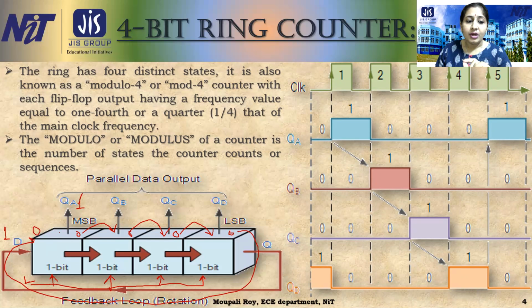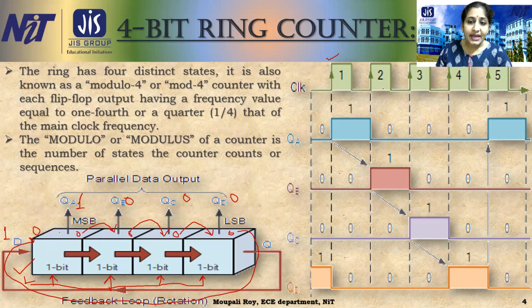So when the next clock pulse is given and we get the output, this one is 1, this one is 0, this one is 0, this one is 0. For the first clock pulse, clock pulse 1, QA is 1, QB is 0, QC is 0, QD is 0.